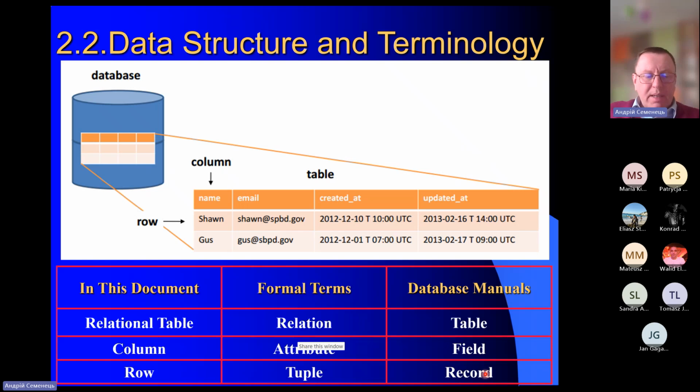But usually in database manuals, we use the terms table, field, and record: table for the relational table, field for the columns of a table, and record for a row, or information about a particular instance of a particular object. In this case, we are talking about a record. So again, further in this lecture, I will use those terms: table, field, record.